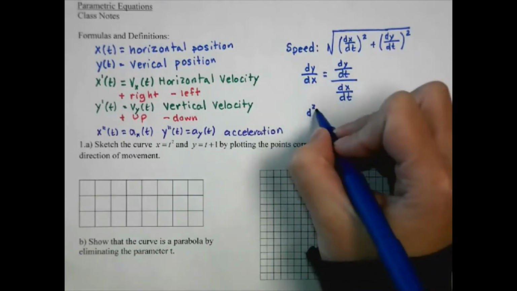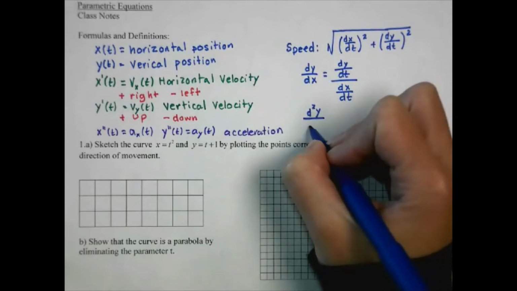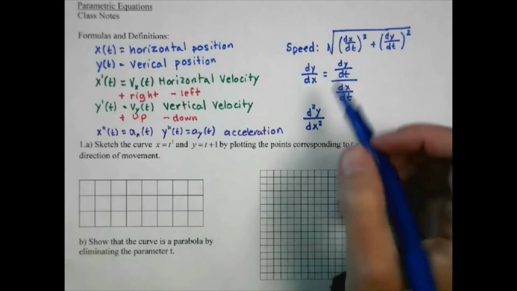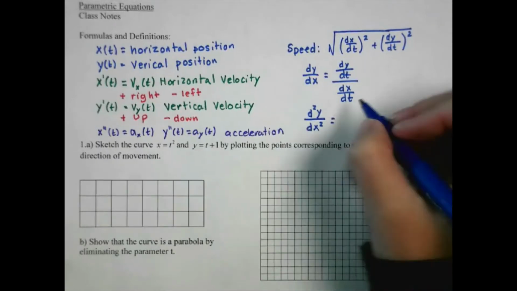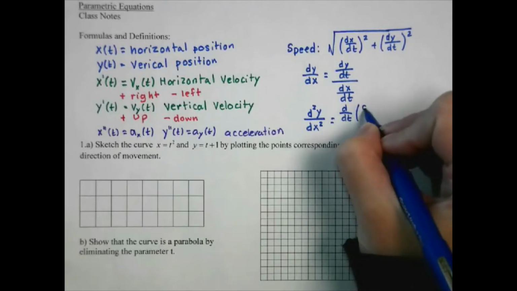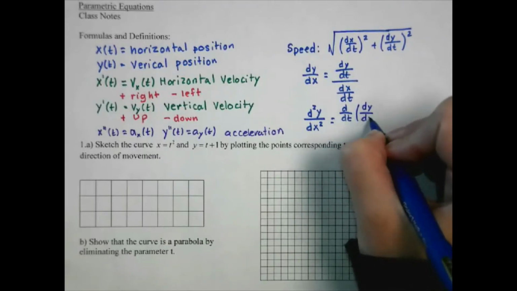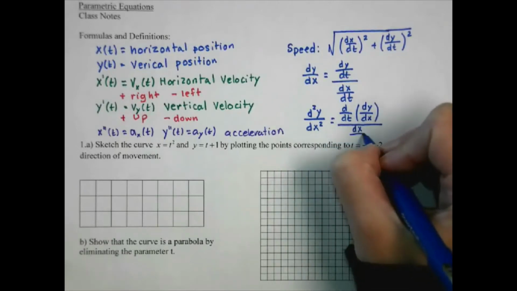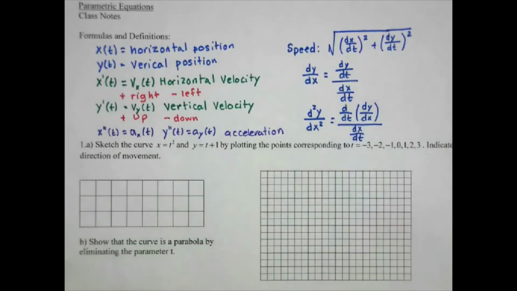The second derivative, d²y/dx², in parametric is going to be d/dt of dy/dx, all over dx/dt.